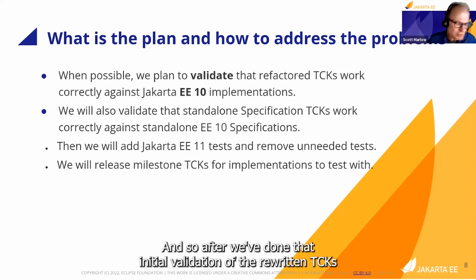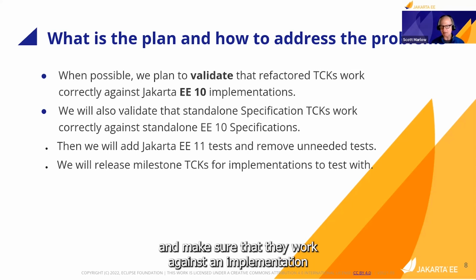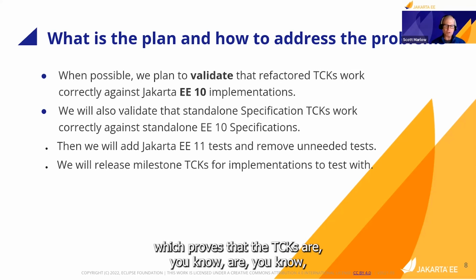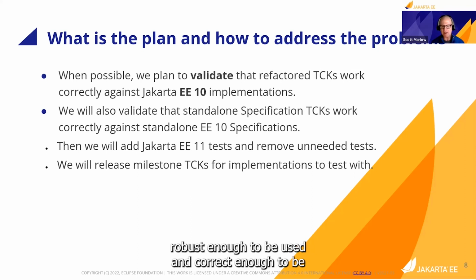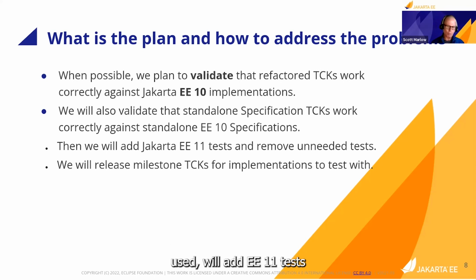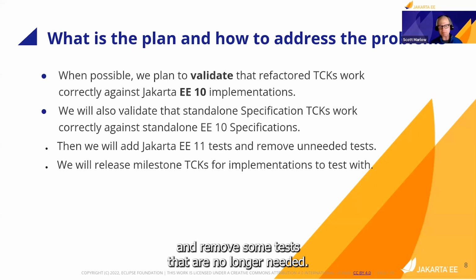And so after we've done that initial validation of the rewritten TCKs to make sure that they work against an implementation, which proves that the TCKs are robust enough and correct enough to be used, we'll add EE11 tests and remove some tests that are no longer needed.